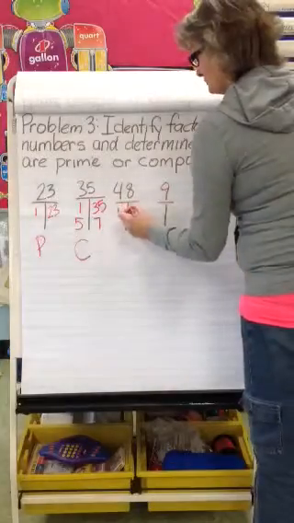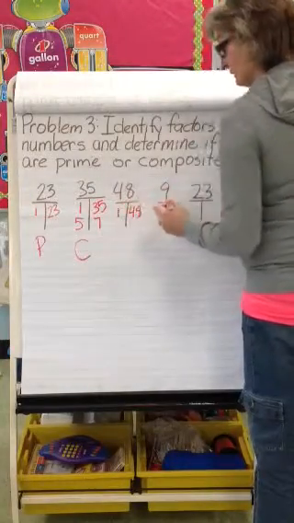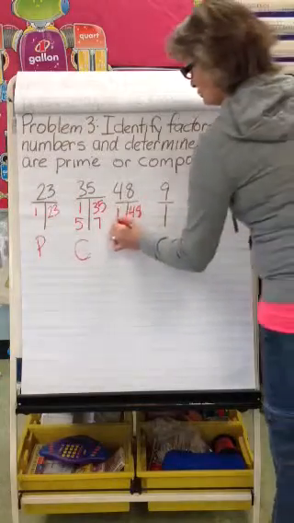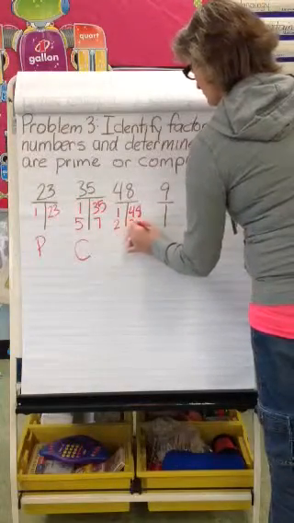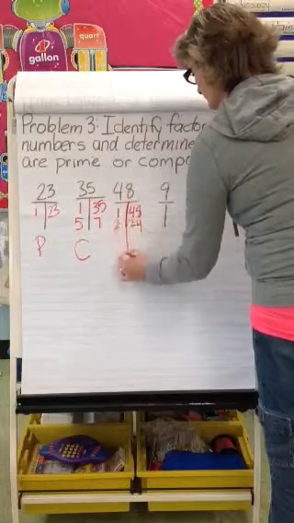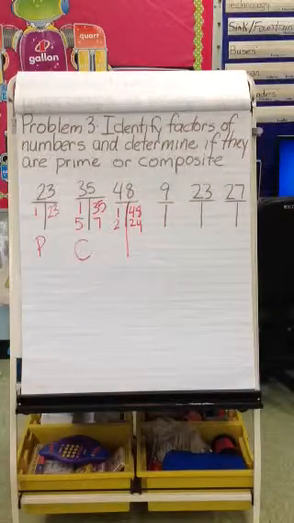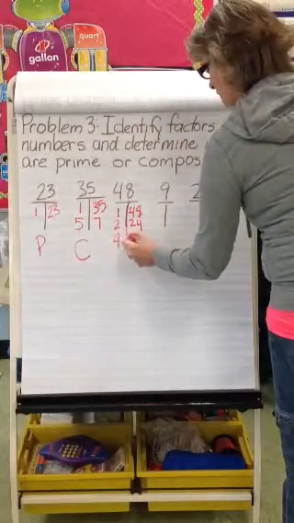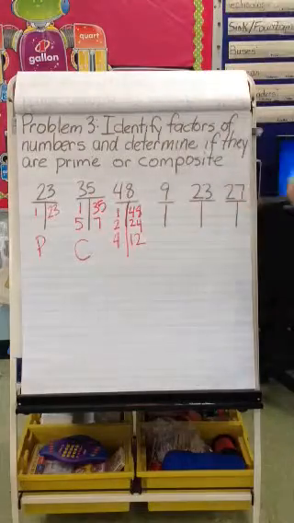48. Well, 1 times 48. Is 2 a factor of 48? Yes. 2 times 24 is 48. Is 3 a factor of 48? No. Is 4 a factor of 48? Yes, it is. 4 times 12 is 48.